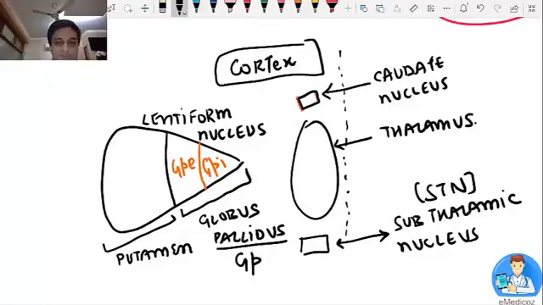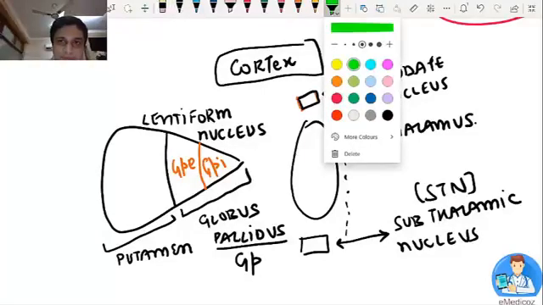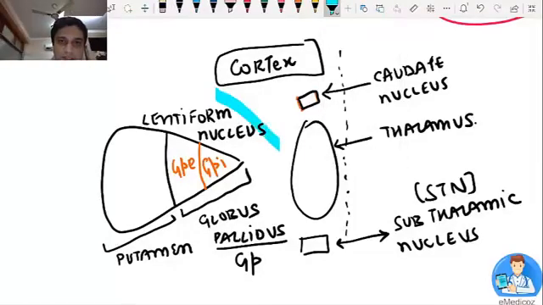It's very simple. Now, can you tell me what is sitting right over there? I'm marking this with blue. Can you tell me what structure is between the lentiform nucleus and the thalamus? There's a structure, a capsule, which is present internally in the basal ganglia. What is that structure?